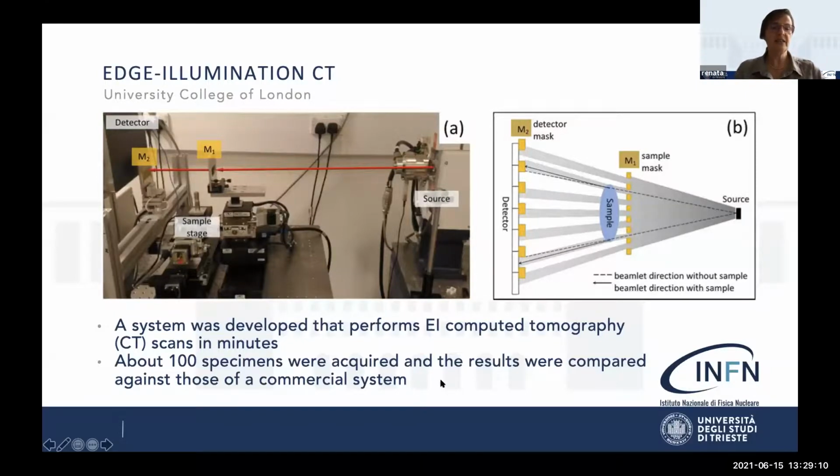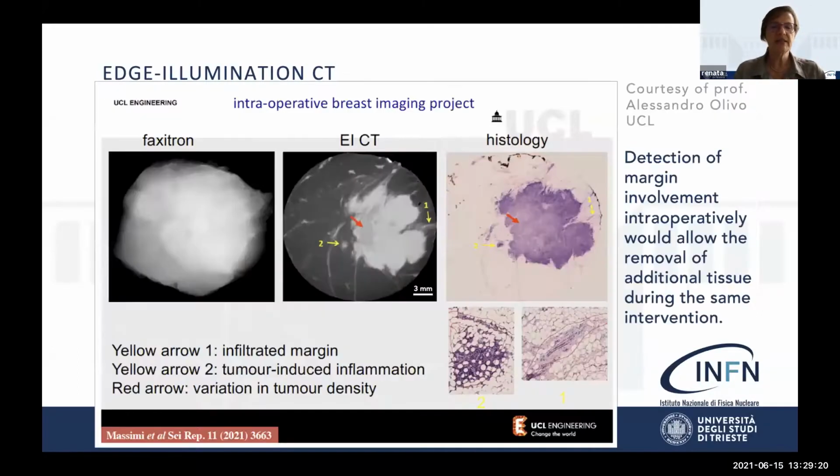And they evaluated about 100 specimens, and the results were compared against a commercial system. Let me show you the results. This is a recent paper published in Scientific Reports. The idea is to perform intraoperative breast imaging. Why?